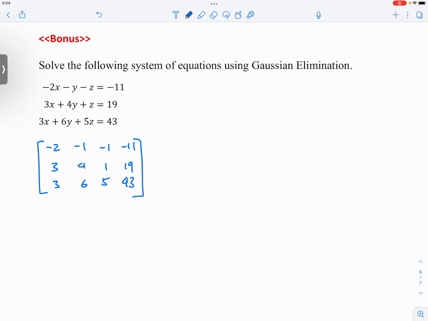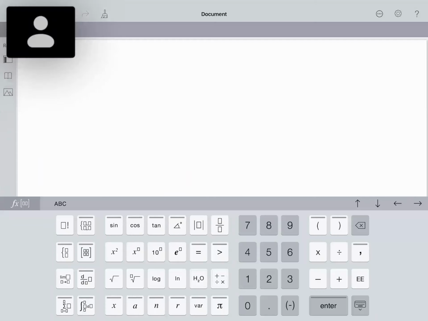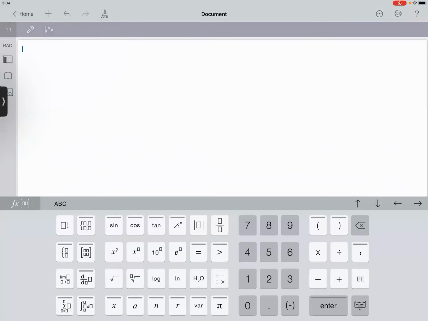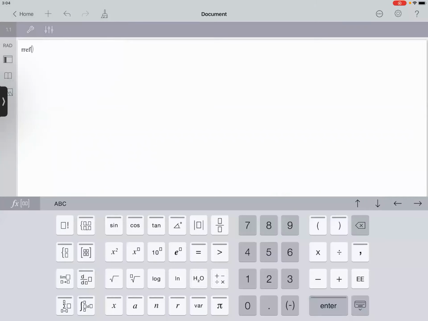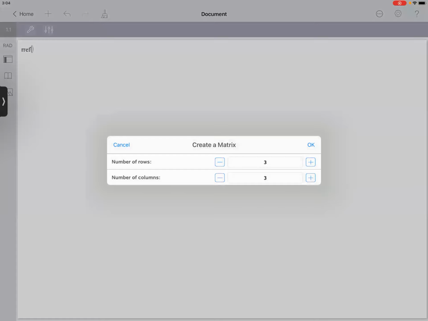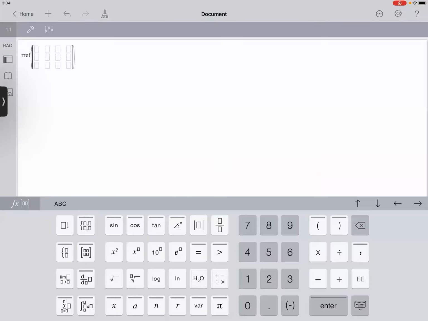But if you put it in the calculator, we use the RREF. That's what we do. So we're gonna do this with the calculator. So we'll go to our calculator, which is right here. And then we will type in RREF, open parentheses, and then we'll go ahead and insert a 3x4 matrix.